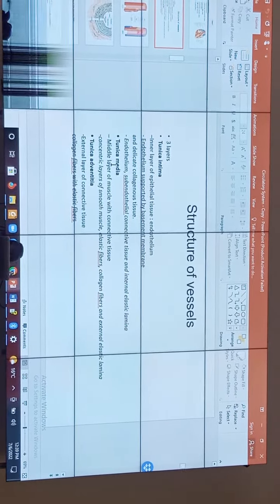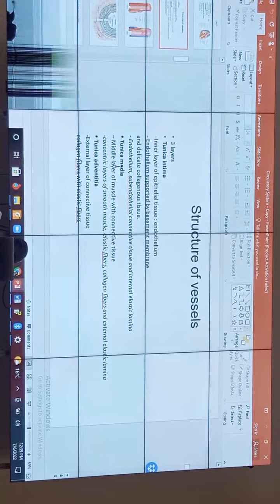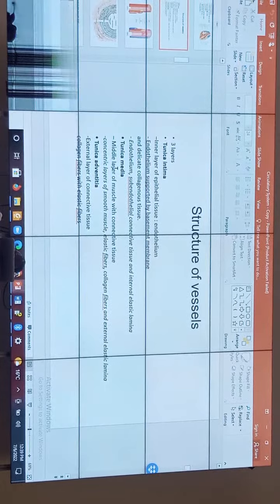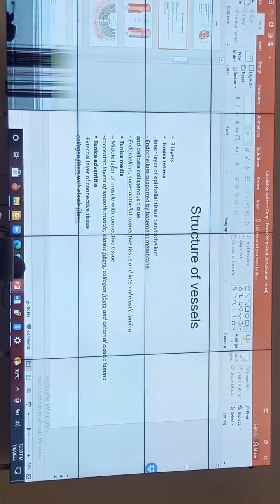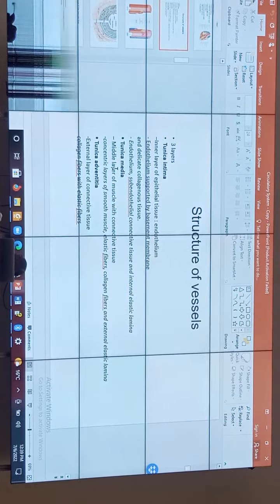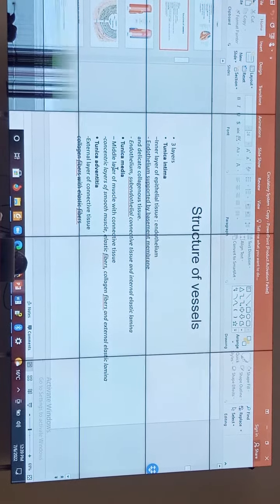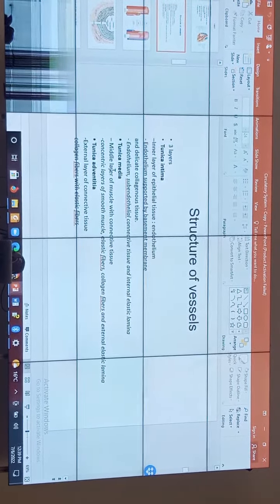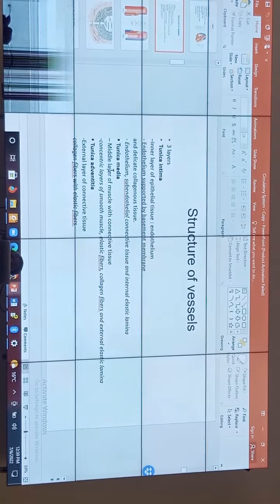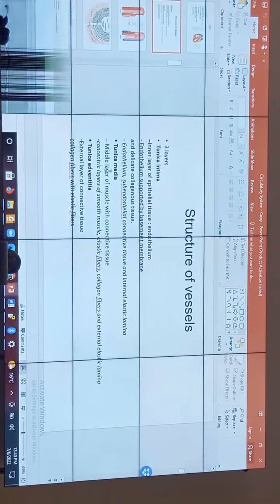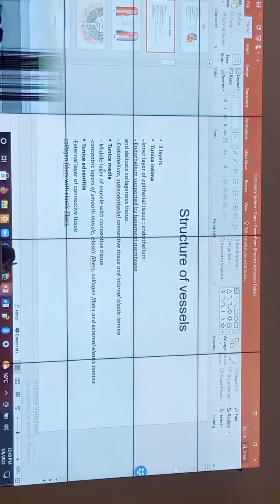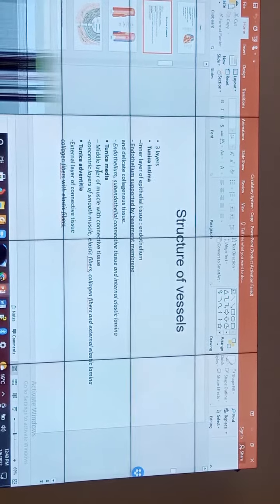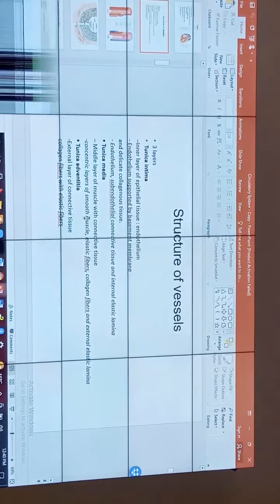All right. So let's move to the next layer, the tunica media. Remember it was similar to the myocardium in the heart, isn't it? In the blood vessels, the tunica media comprises chiefly smooth muscles. In the heart, it wasn't smooth muscle, but cardiac muscle. In the vessels, it is smooth muscle.